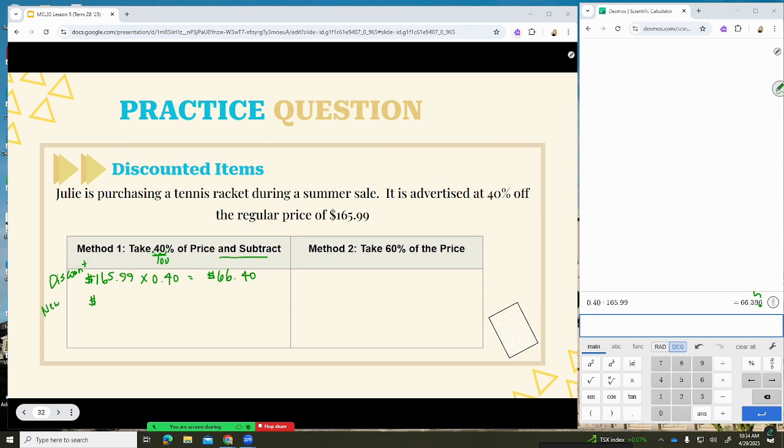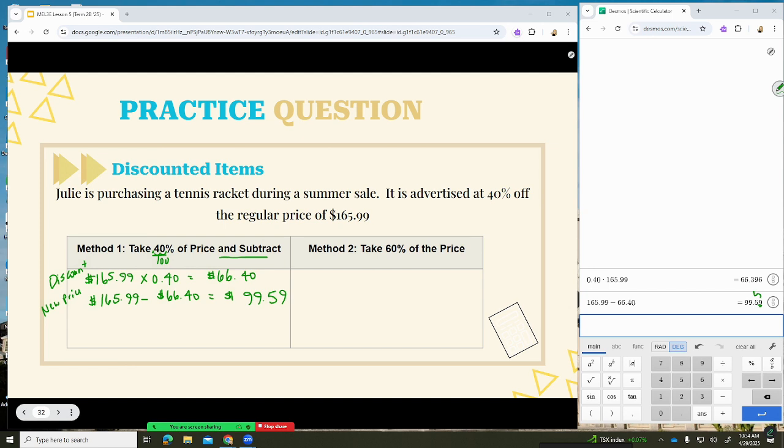The new price would be $165.99 minus the discount price of $66.40. What do we get when we calculate $165.99 minus $66.40? The new price would be $99.59.